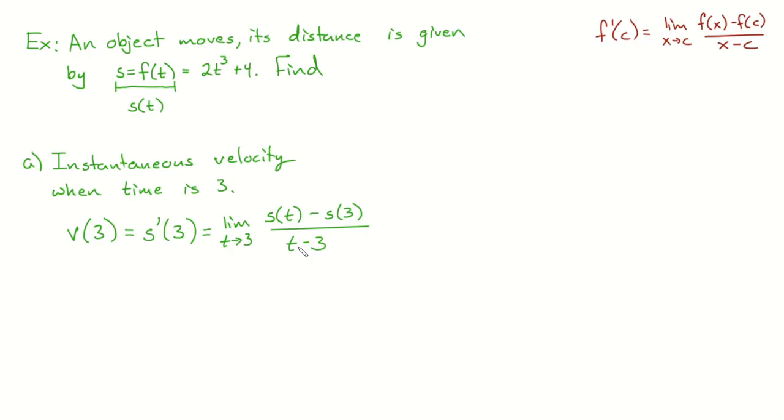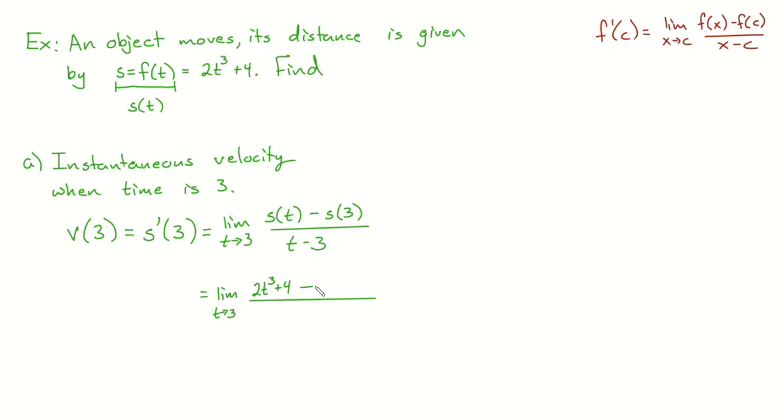Are we cool with that first step? All right, now let's just get cooking here. This is the limit as t approaches 3. What's s of t? 2t cubed plus 4 minus, I'm going to do some scratch work in my head, or you guys are. What's 3 cubed?